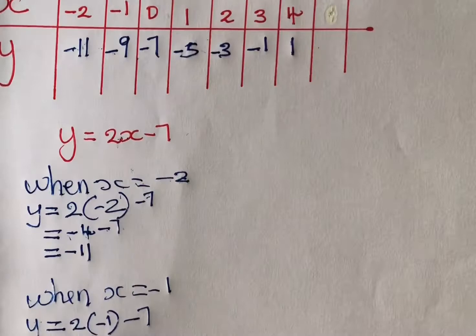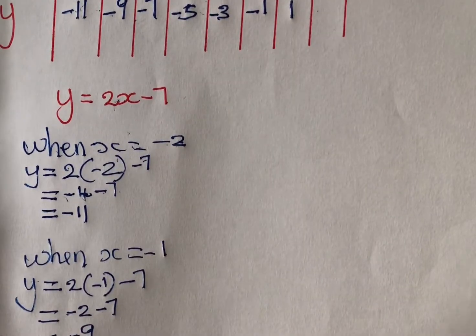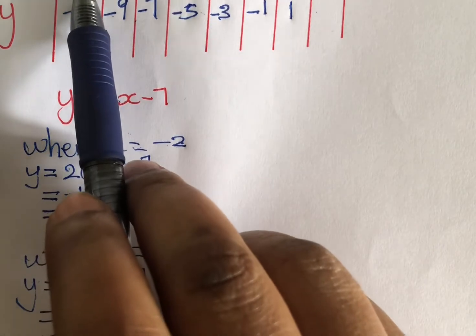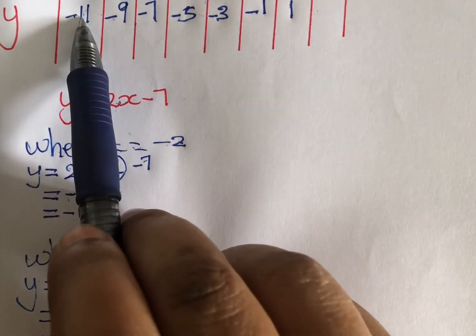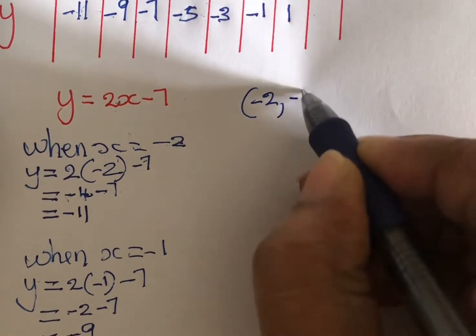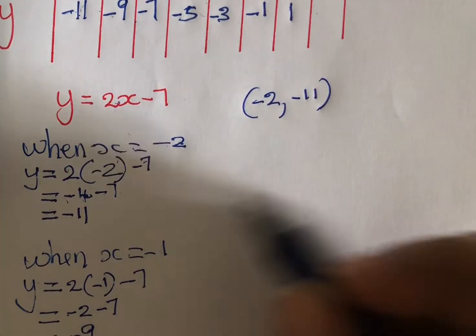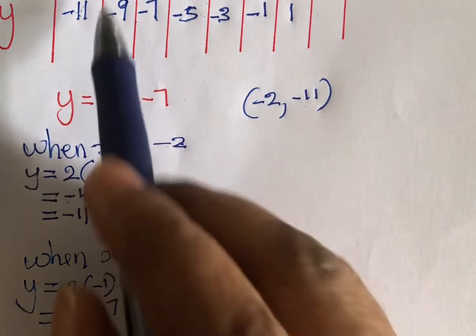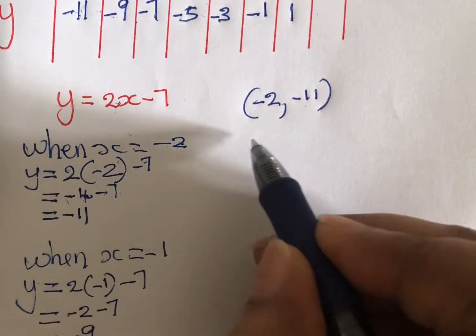So once we have these now, then we are going to match them for our linear graph. Meaning, if we say x is negative 2, we will say y is negative 11. So this is how the point will look. So this will be one point on our linear graph. Then we have negative 1, negative 9.